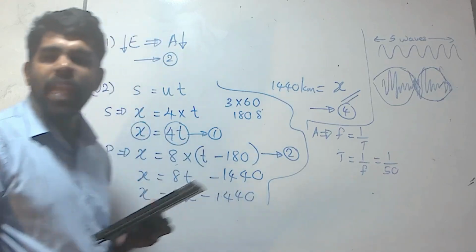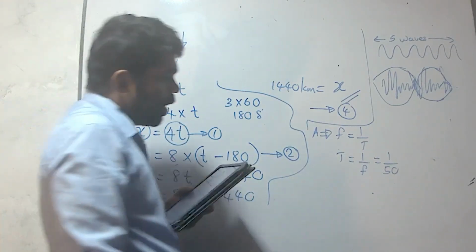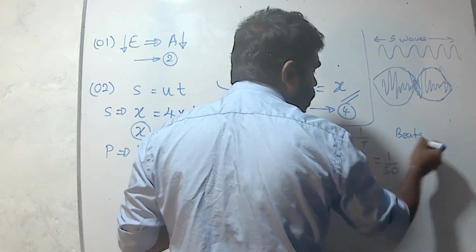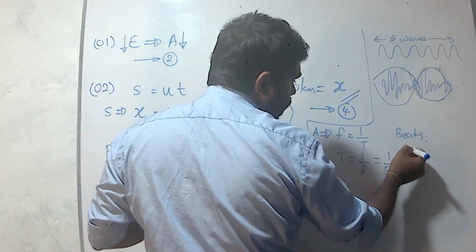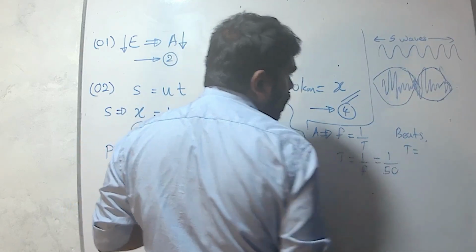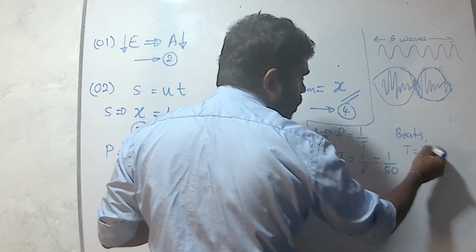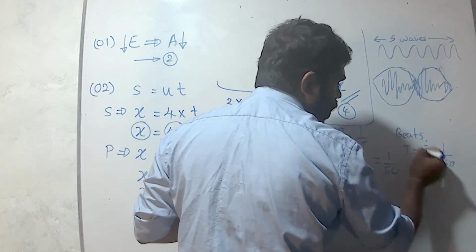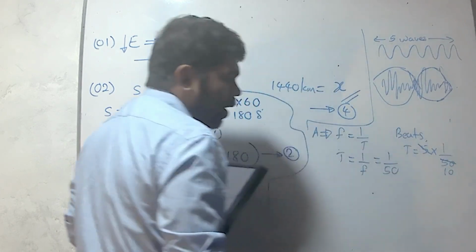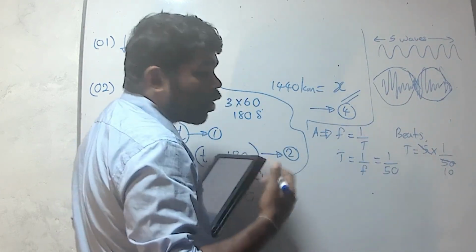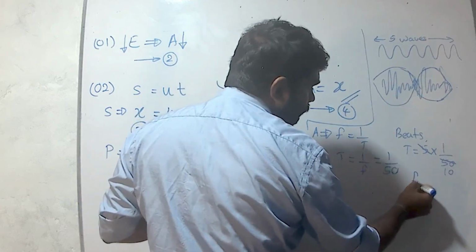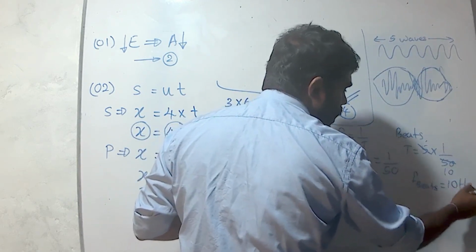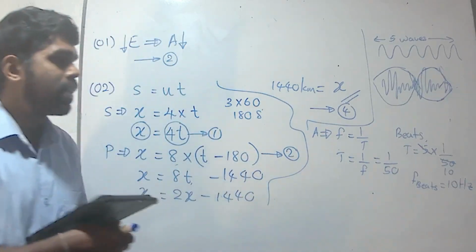The second wave means the beat frequency. Then for the beats, the period is 5 times the period of the A wave. It means 1 over 10. Then we know that frequency is 1 over period. Therefore, we get the beat frequency 10 Hz.